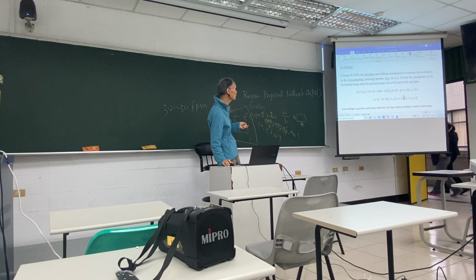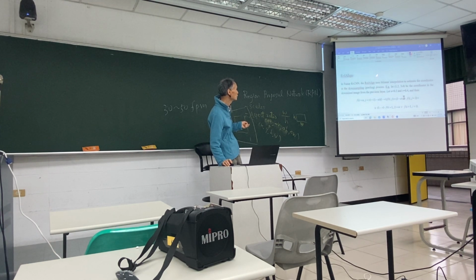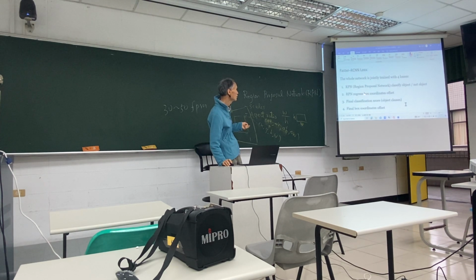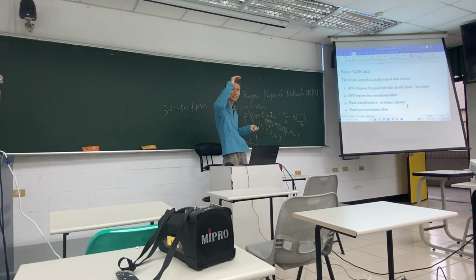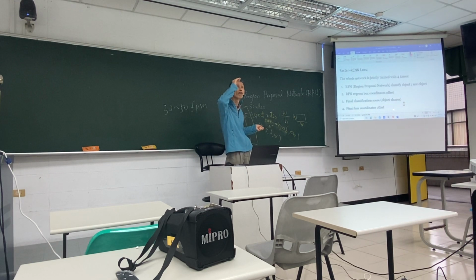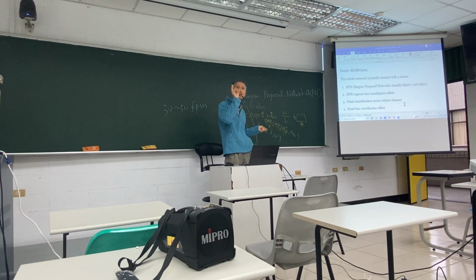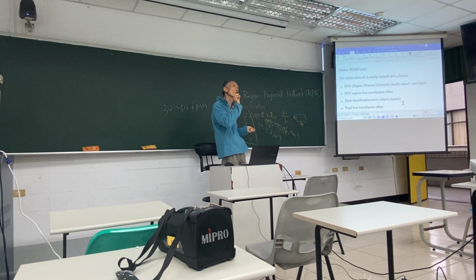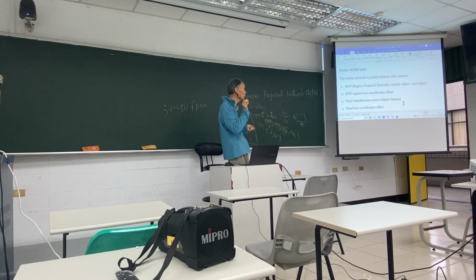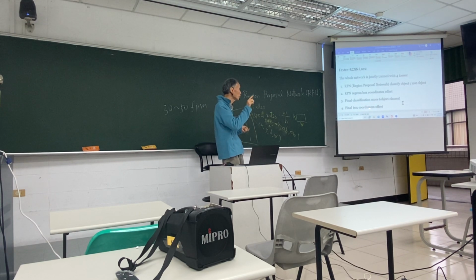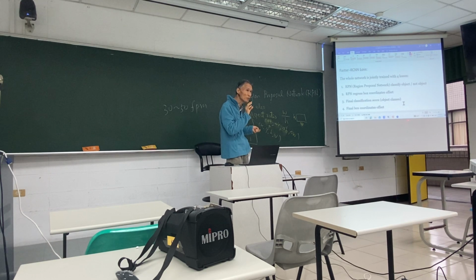I will skip this part. If you want, you can take a look in Fast RCNN. When you find the coordinate, it is at the higher level and has been reduced. So when you want to know the real location in the original image, there are a lot of things you need to do.